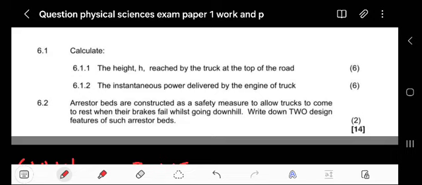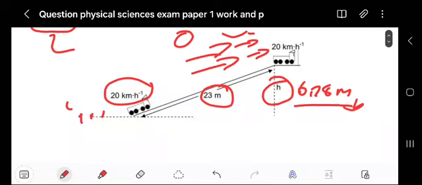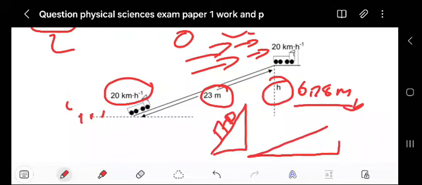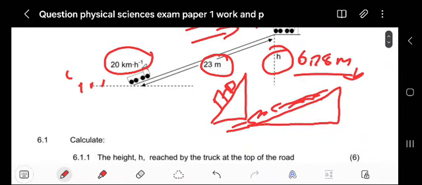Remember, as a safety measure, it's supposed to be safe to allow the truck to come to rest. Imagine if it's more steep, you won't, if you are driving, this cannot be safe. But if you reduce it and make it lighter, the truck will accelerate nicely, and if we reduce friction, we'll decelerate it nicely.